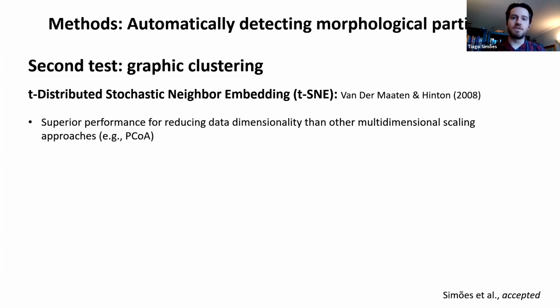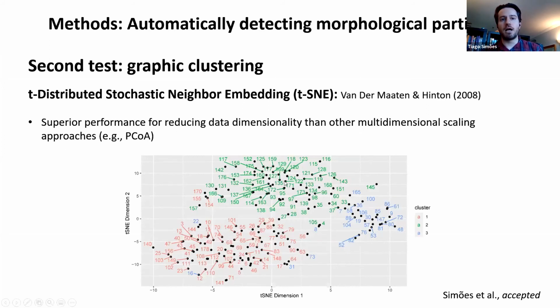With this approach, we essentially see three major clusters. When we color the data points according to the partitioning scheme we got from the previous approach using PAM, we get a very similar configuration. The colors match the clusters we see from the t-SNE quite well. So we essentially have three major partitions here, and those partitions have a very close relationship with anatomical divisions, which is quite good and intuitive.